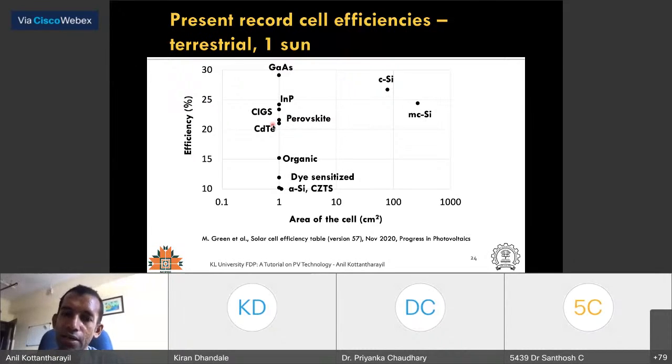If you want to make larger area solar cells, more defects will be there, which means the larger area devices would have lower efficiency because of the presence of defects. Crystalline silicon, on the other hand, you can make in large area without many defects. That is one of the major advantages.